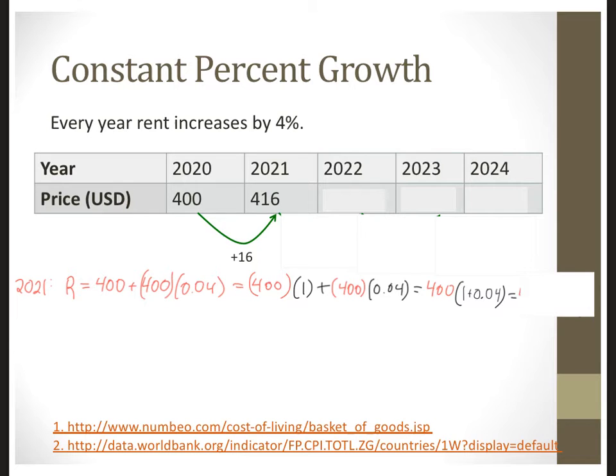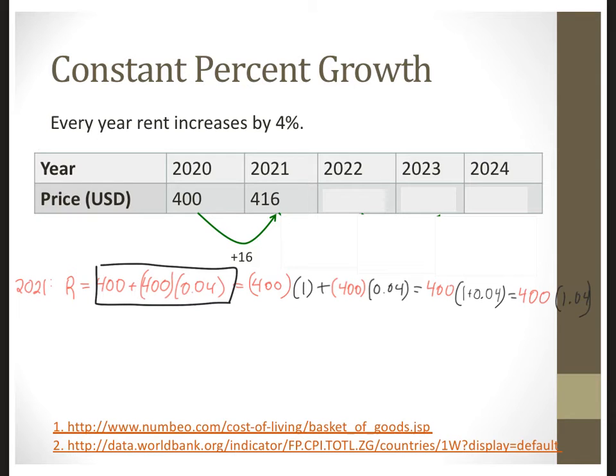Then finally, adding that 1 plus 0.04 in the parentheses, we've got a formula that says to calculate the new rent in the year 2021, I take my previous rent, which was $400, and multiply by 1.04. That gives exactly the same value as we got doing it this way. You can think of the 1 as saying added to the previous amount's rent, and the 0.04 is how to calculate what the increase is going to be.